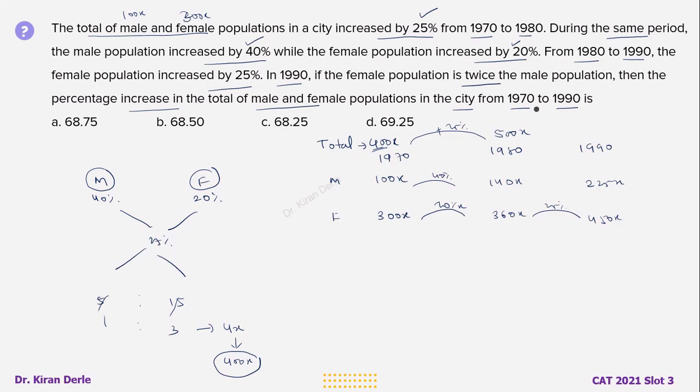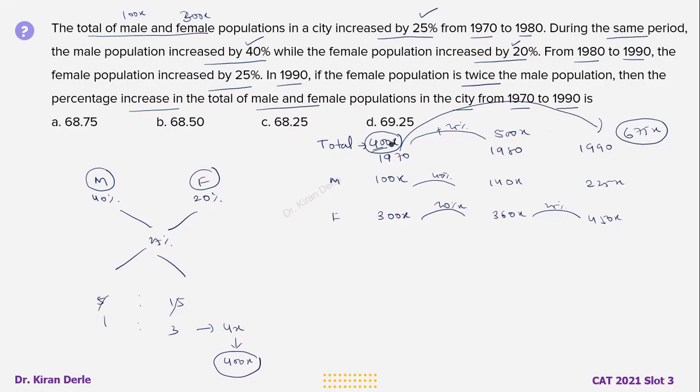And what we want is the percentage increase in total male and female population in the city from 1970 to 1990. What is the total? We have 225 plus 450, which is 675x. This is the total population we have in 1990, and in 1970 we had 400x. What is the percentage increase?